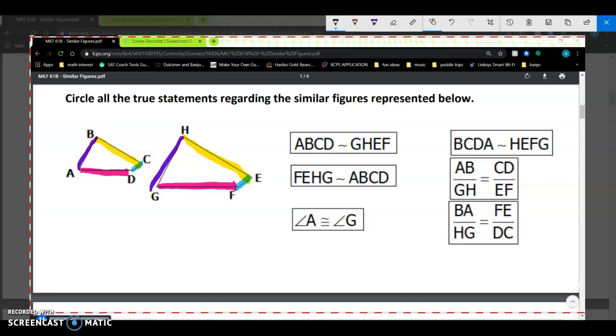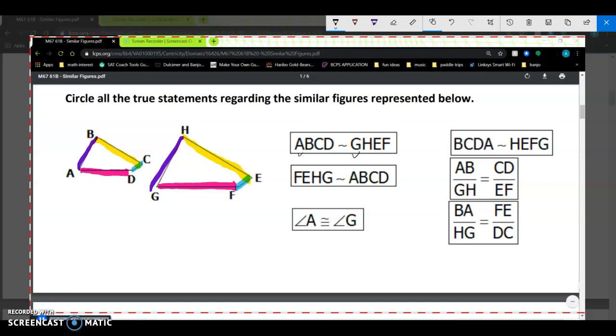What we're going to go through says circle all the statements that are true regarding similar figures. First, we're going to be testing out the similarity statements. The first thing I'm going to do is check our letters. I can see A is like G because it's between these two sides. So A works and G works.